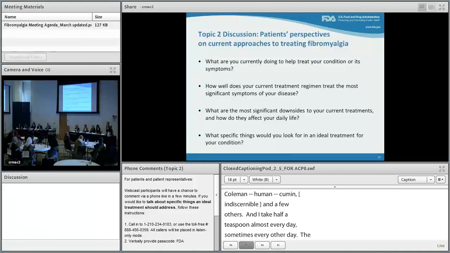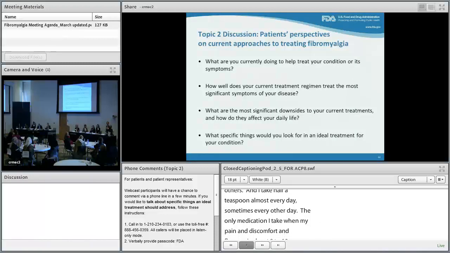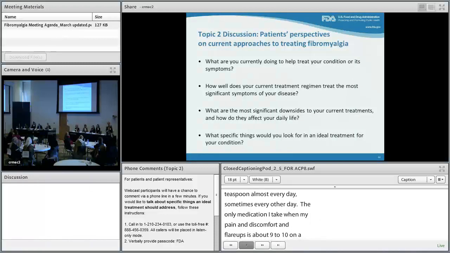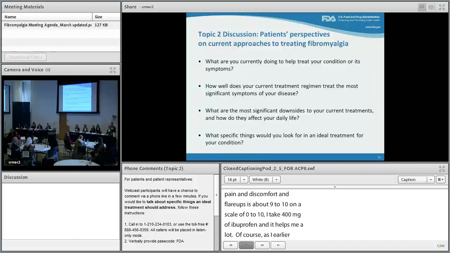The only medication I take, when my pain and discomfort and flare-up is about 9 to 10 on the scale of 0 to 10, is 400 milligrams of ibuprofen, and it helps me a lot. Of course, as I said earlier, watching what I eat, right exercise, and trying to do stress management, I've been doing very well.